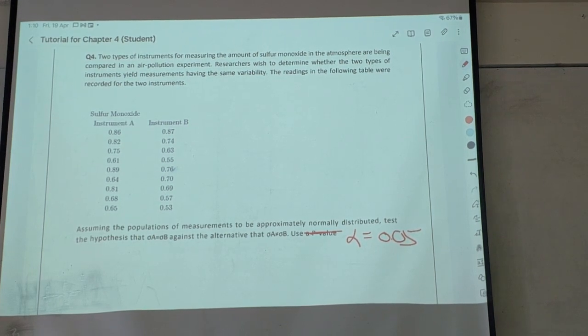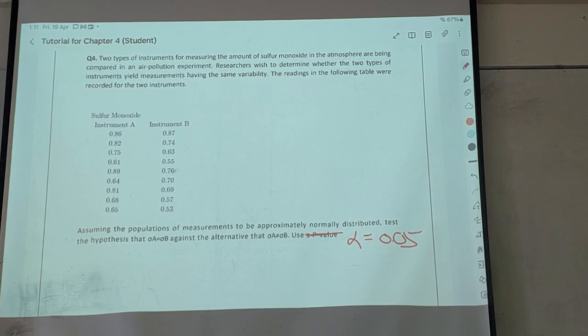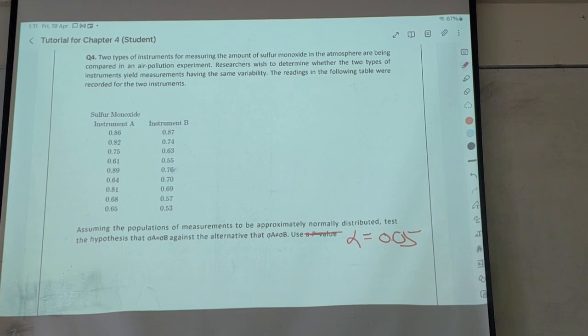Again, from question 4, this is related to what? Very straightforward. They are tested on the variability. And they give you 2 types of instrument, A and B. They want to determine whether you have the same variability or not, meaning standard deviation or variance.